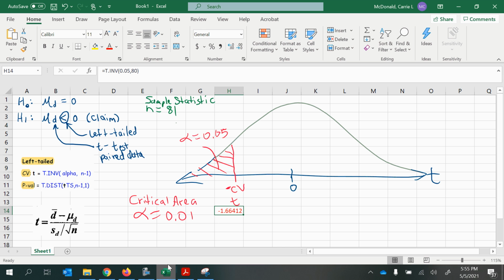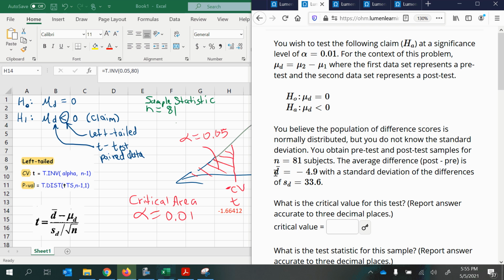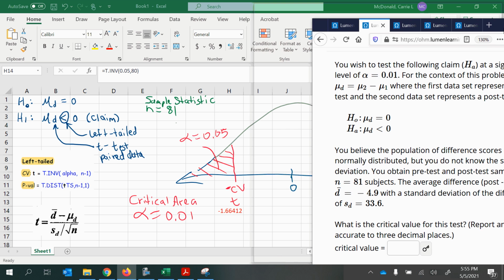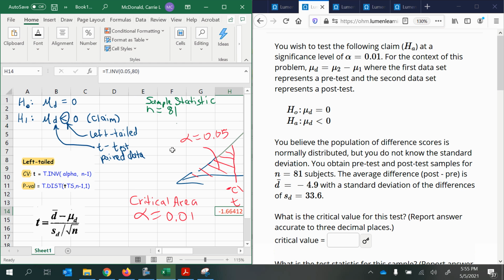All right, now that we have our rejection region set up, we want to look at the sample statistic. So this would be the sample mean for the differences. Here they've told us that the sample difference, d bar, is negative 4.9, and the sample standard deviation of the differences is 33.6. So we want to write those down for our sample statistics.